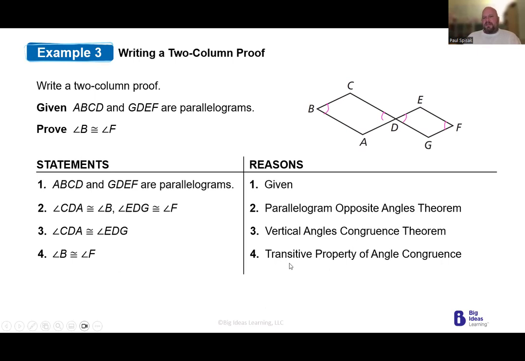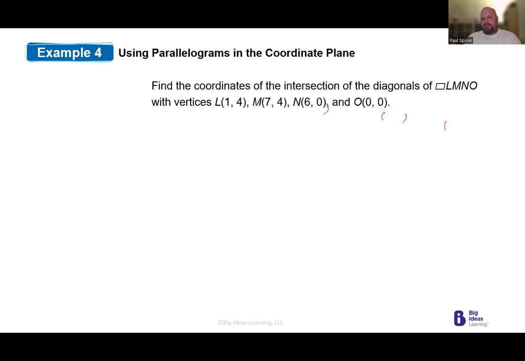So using transitive property, if those two angles are congruent to each other, and two of those angles are congruent to each other, so those two in the middle are congruent, then the other two angles, B and F, must be congruent. So again, that was using transitive property.